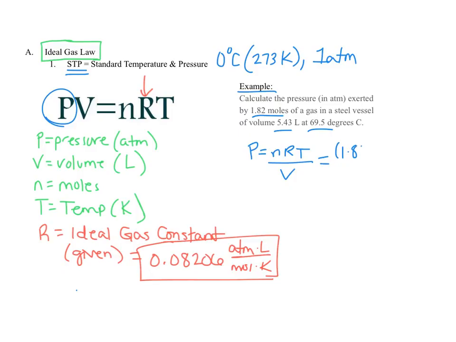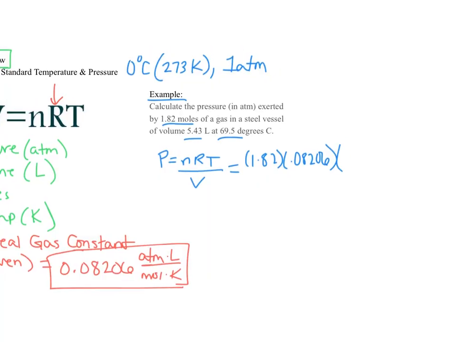So 1.82 is my number of moles, and then 0.08206, that's R. Temperature needs to be in Kelvin. I cannot plug in 69.5 degrees. I need to plug in that temperature in Kelvin.